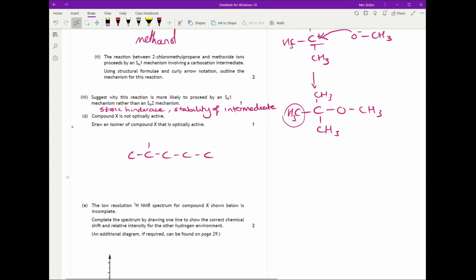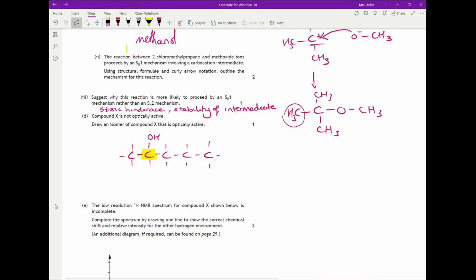Let's put the O off here. Let's make it an OH. Then that can be a CH3, that's an H, and there's a CH2. So this carbon in the centre here would be chiral. That would work. There are lots of other ones that you could do. Anything that fits the numbers is basically what you're looking for.